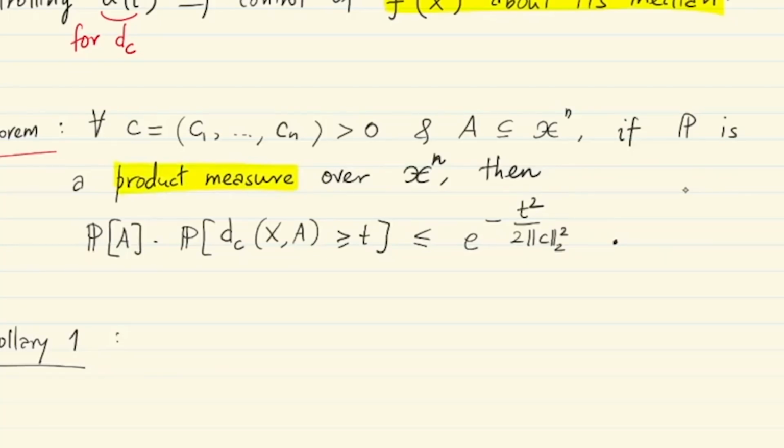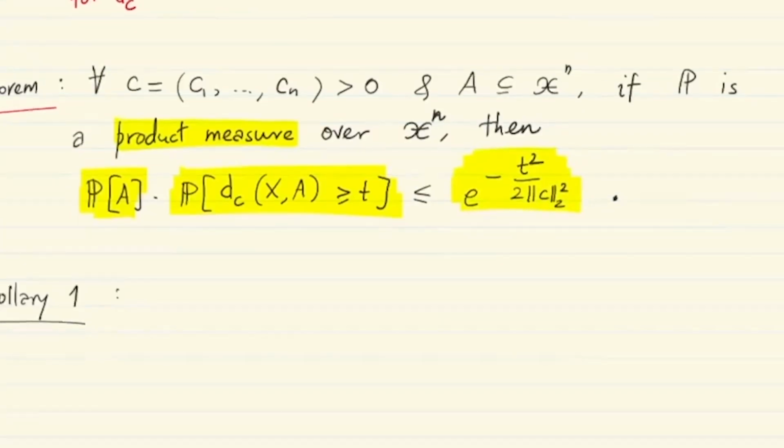Then we have this inequality that says that the probability of the set times the probability of deviating in c-weighted Hamming distance from that set by a quantity at least t is at most e^(-t^2 / (2||c||_2^2)).